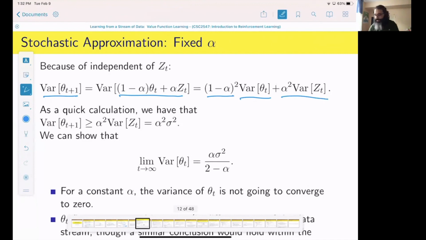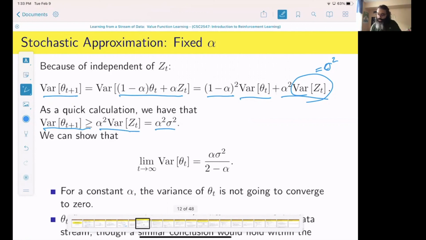Assume that the variance of z is sigma squared. Then, based on a quick calculation, the variance of theta t plus 1 is upper bounded by the variance of alpha z t, which is alpha squared sigma squared.